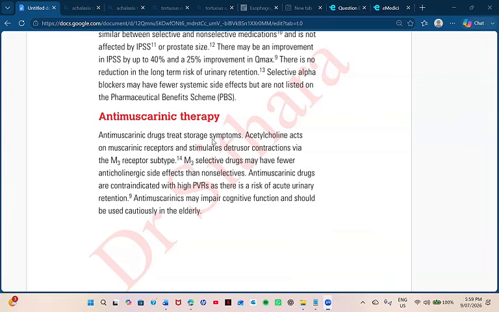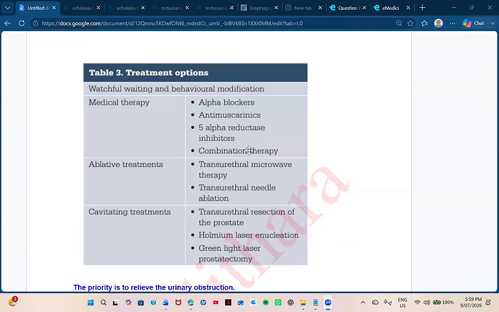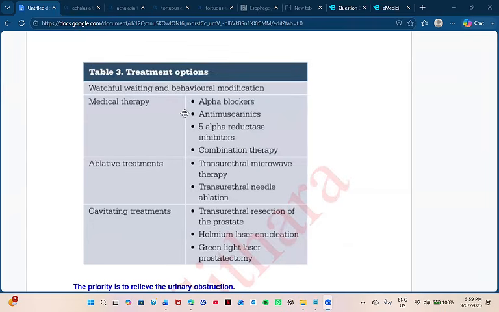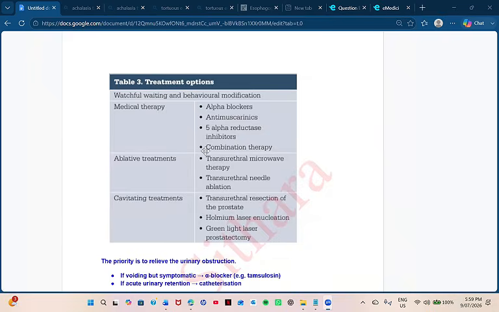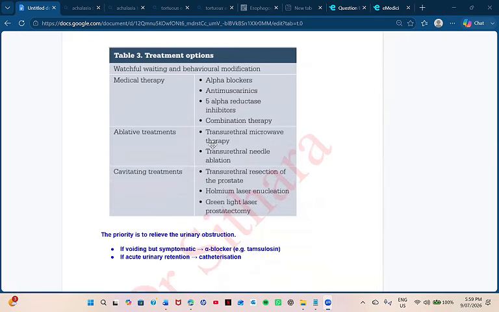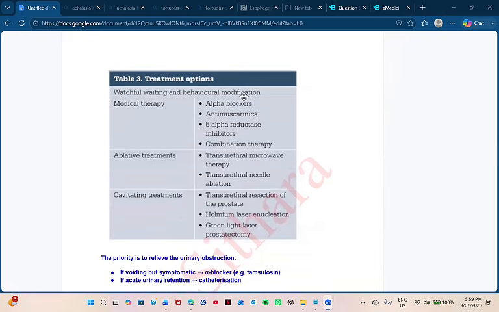Okay. So antimuscarinic drugs treat storage symptoms. Here in medical therapy, you can use alpha blockers, antimuscarinics, and 5-alpha reductase inhibitors. That is for the treatment. Okay, the watchful waiting and behavioral modification, and medical therapy, under that, this is for lower urinary tract symptoms.